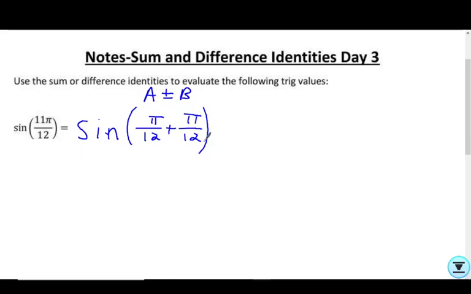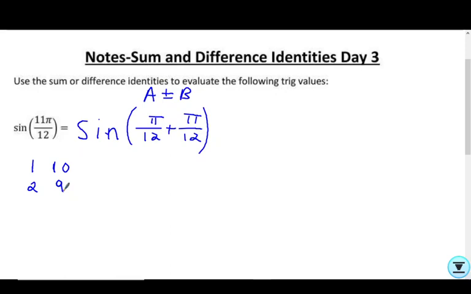So 11 pi over 12 could either be 1 and 10 as my angles. But the 1 pi over 12 isn't going to help me, because that's going to cause me to use, again, either a sum or a difference. So we can't use that one. We could use 2 and 9, and that would help.